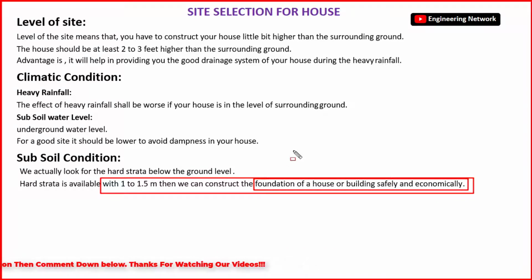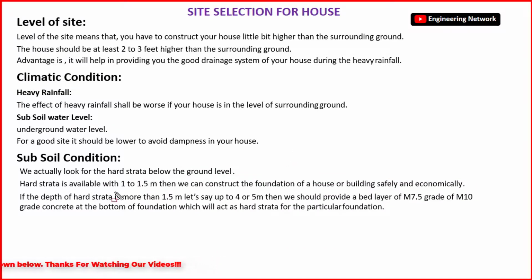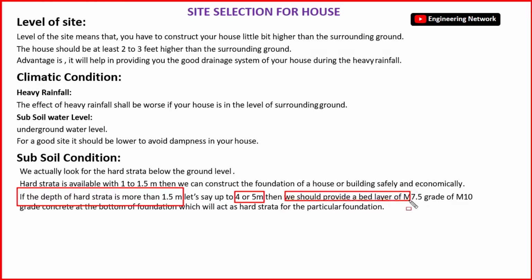But if the depth of hard strata is more than 1.5 meter, let's say up to 4 or 5 meter, then we should provide a bed layer of M7.5 grade concrete or M10 grade concrete at the bottom of the foundation or footing, which will act as hard strata for the particular foundation. So you don't have to provide a foundation of 4 or 5 meter depth in case you did not find the hard strata up to 1.5 meter, right?